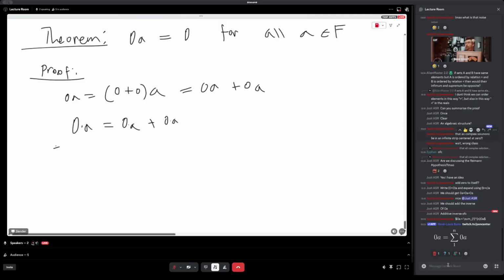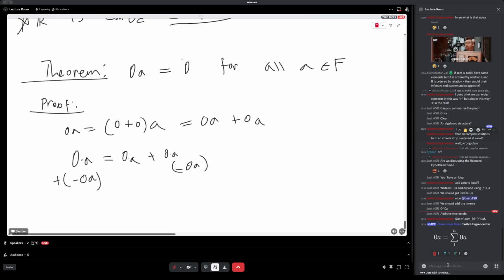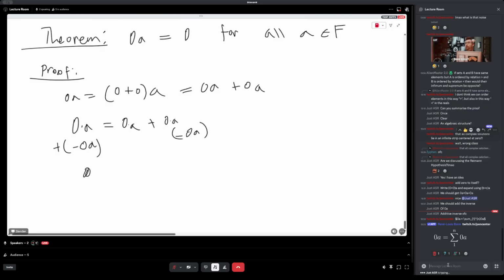So we can add to both sides 0 times A, the additive inverse. The only way to get that 0 is by adding the additive inverse. So on the left side we are left with 0, and on the right side we have 0A is equal to 0A. This just means that it is 0. So that's proved. Nice job.